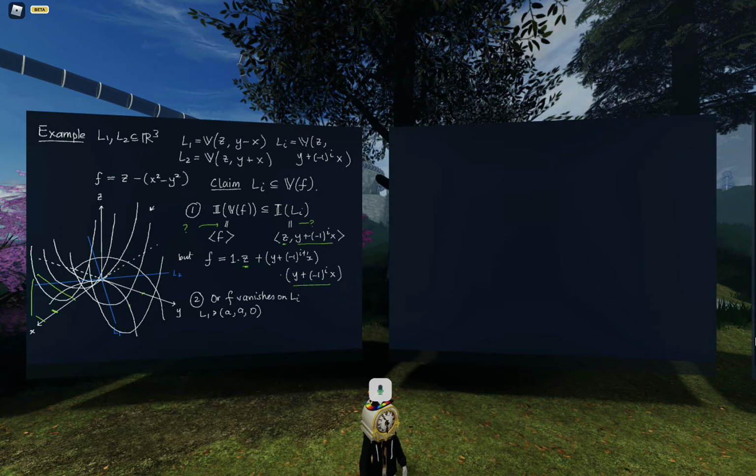So what we're going to do today is introduce the concept of monomial ideals, prove some basic things about them, and the main theorem, Dickson's lemma, will tell us that this is a finite problem. Ideal membership for monomial ideals is a finite problem.